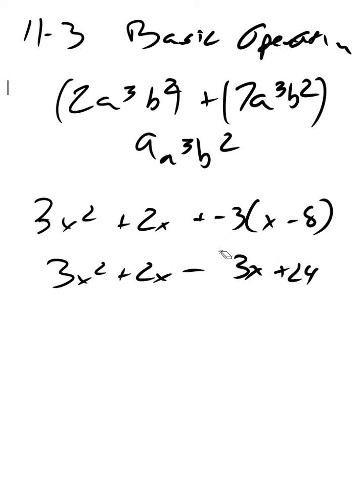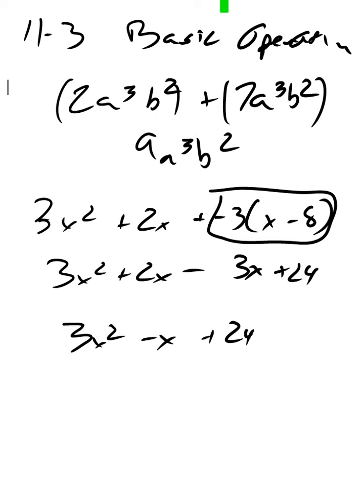And now what we can do from there is combine like terms once again. So we have 3x squared minus x plus 24. But the big thing is to multiply through all the time. That's what we did here. Multiply everything through.